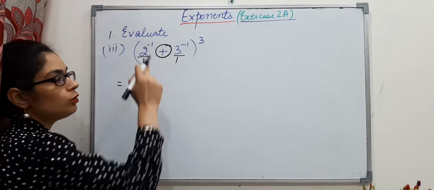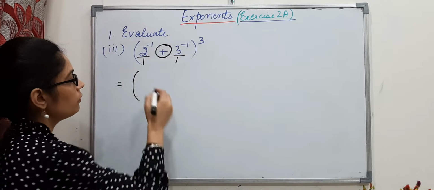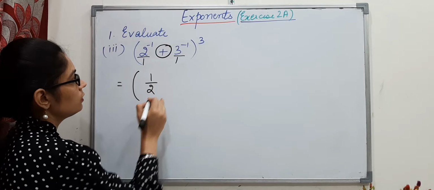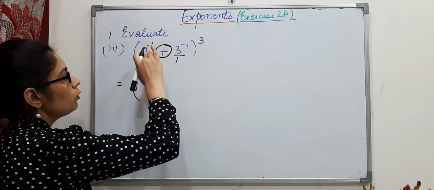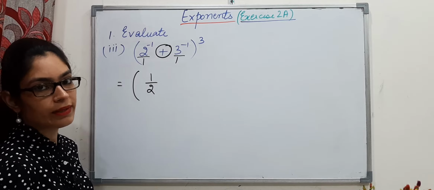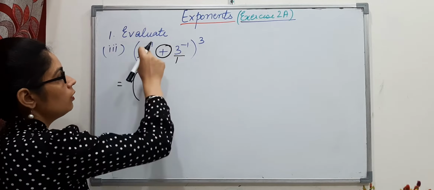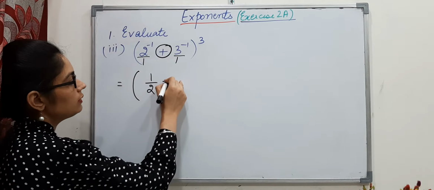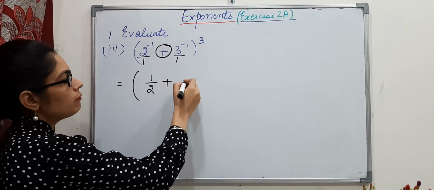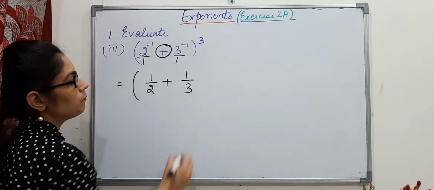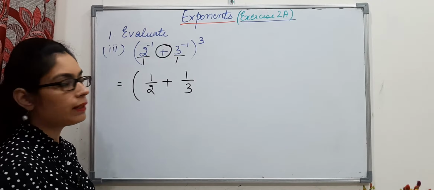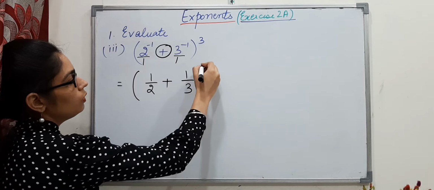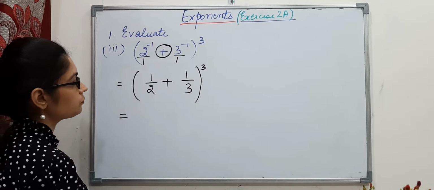Now in order to make the power positive, you can take the reciprocal of this fraction. So 2 by 1, reciprocal is 1 by 2. Minus 1 will be changed to plus 1, no need to write the plus sign. Then 3 by 1 will be changed to 1 by 3, power 1, no need to write, whole power 3.